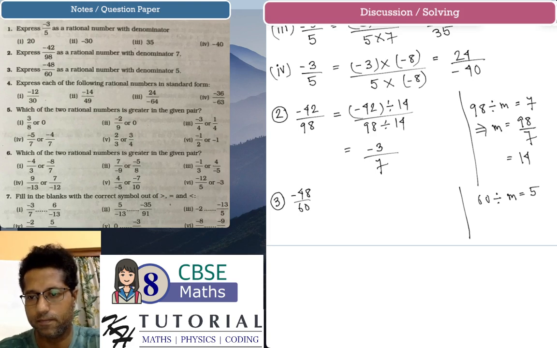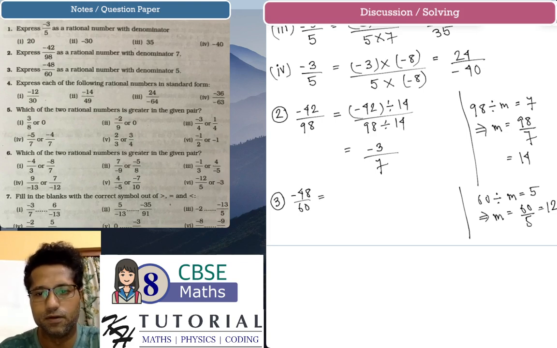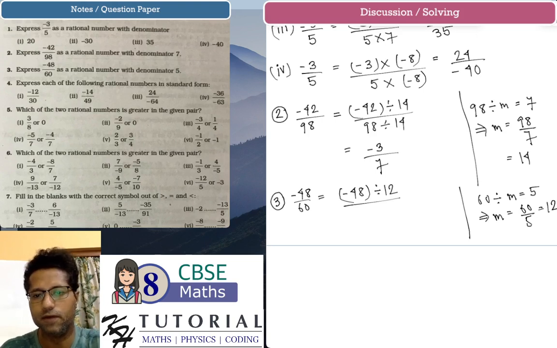So we have to find m. From this kind of equation, we know that m is equal to 60 by 5, which is 12. So if we divide 60 by 12, we get 5. So we can convert this rational number to its equivalent form by dividing both the numerator and the denominator by 12. Why 12? Because if we divide 60 by 12, we will get 5, and it has asked to make the denominator 5.